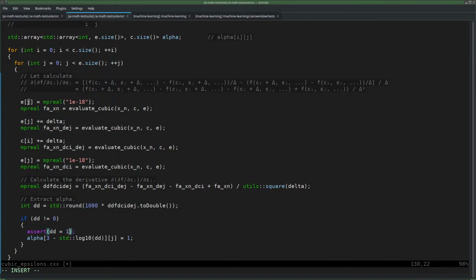So dd is 1, or dd equals 10, or dd equals 100, or dd equals 1000. Turns out to be one of these, meaning that alpha is 1.